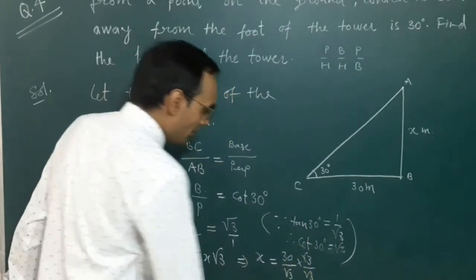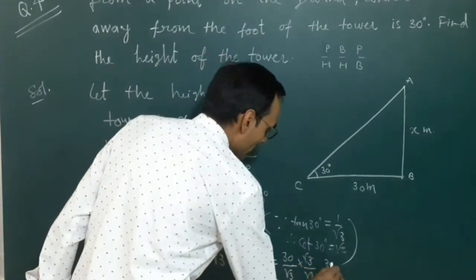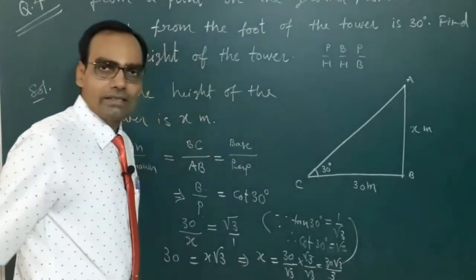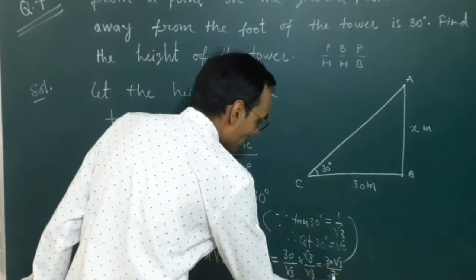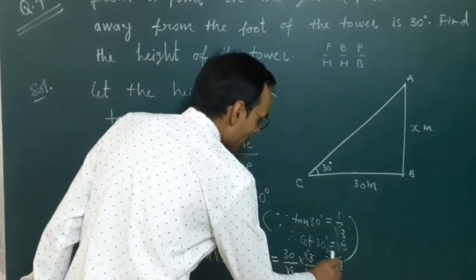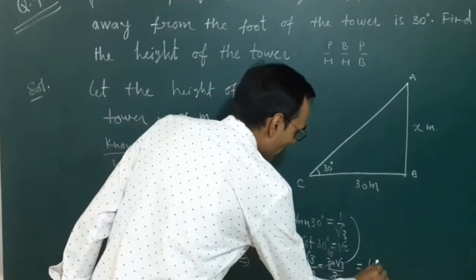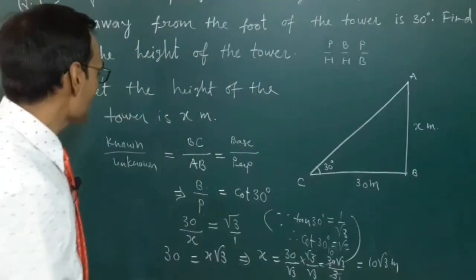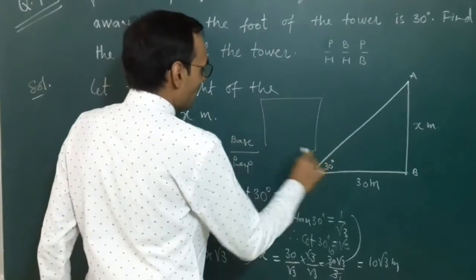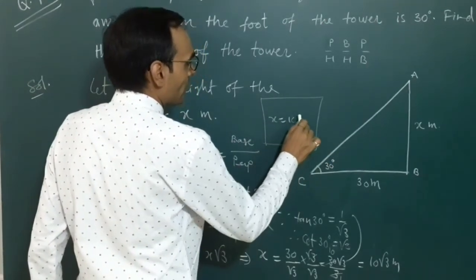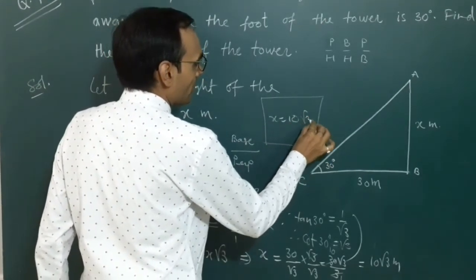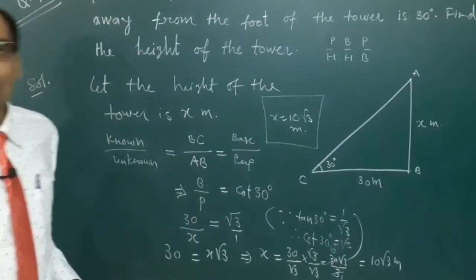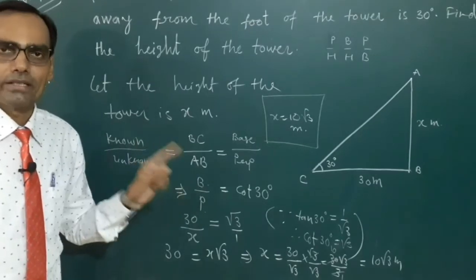We get 30 root 3 in the numerator, and root 3 into root 3 is 3 in the denominator. After cancellation, 3 1s are 3, 3 10s are 30, we get 10 root 3 meter. Right? So that is our final answer. So the height of the tower, x, equals 10 root 3 meter.